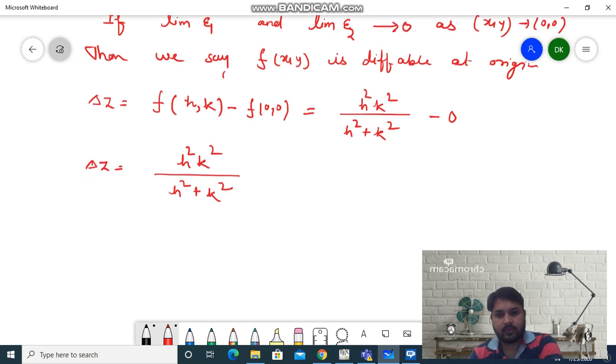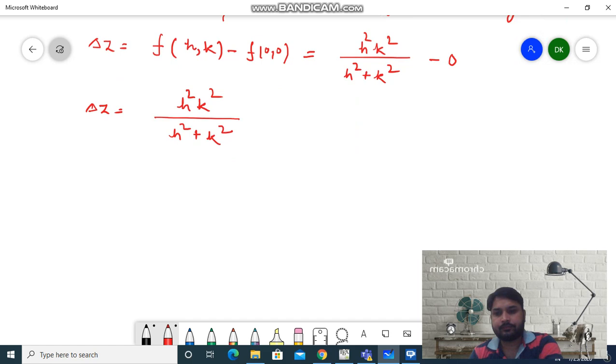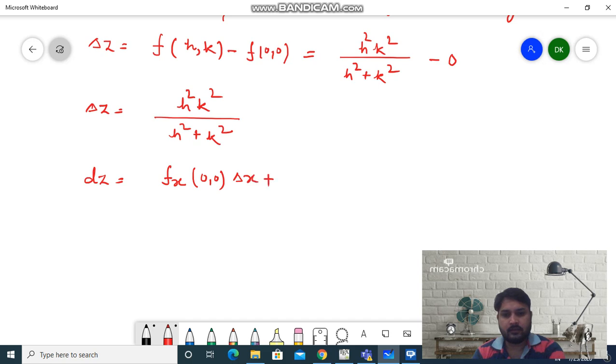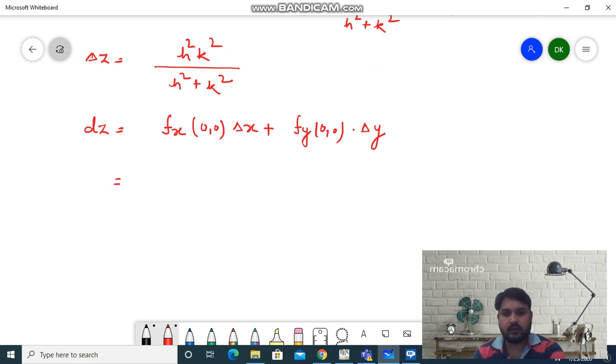Now we will find the value of dz. dz is equal to the partial derivative with respect to x at the point (0,0) into delta x plus the partial derivative with respect to y at the point (0,0) into delta y. So we will find fx.